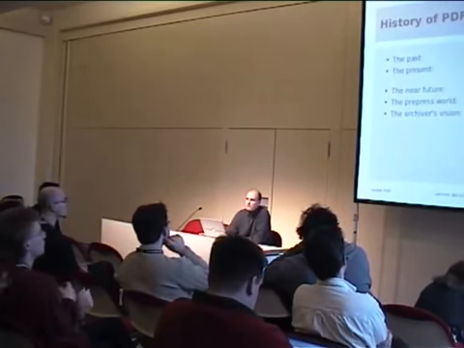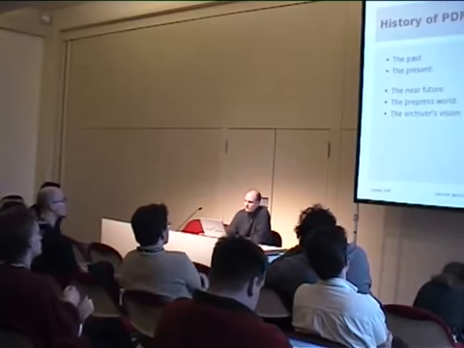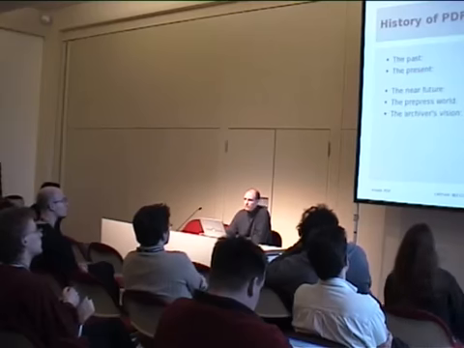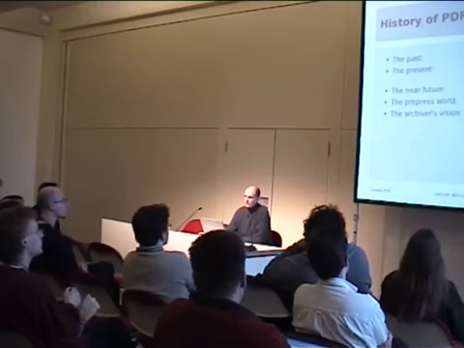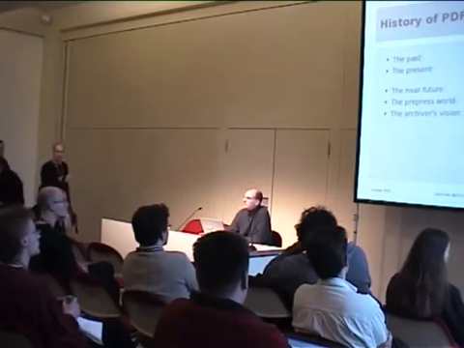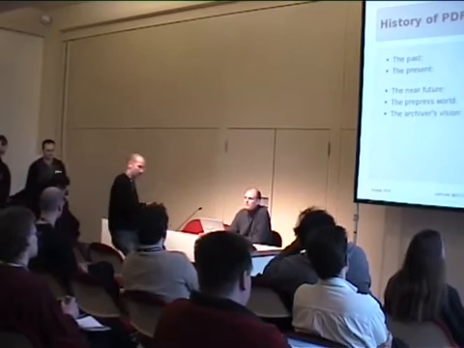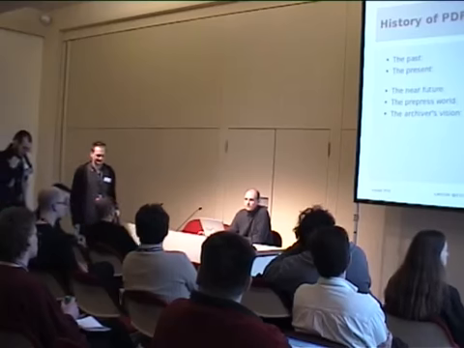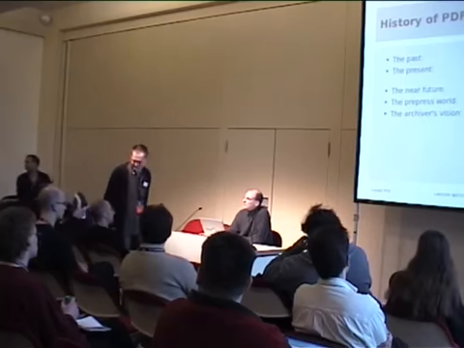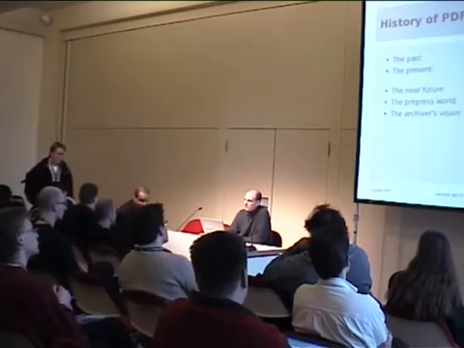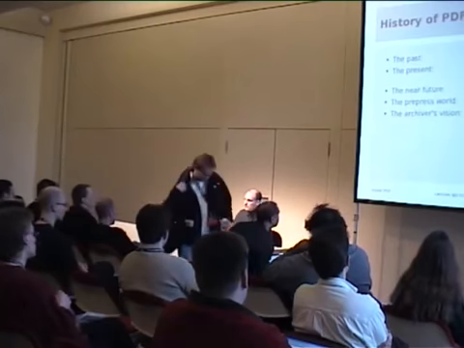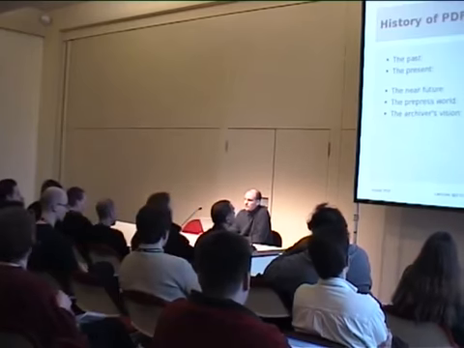Well, the past is PDF 1.0 to 1.4. These version numbers of PDF correspond to the specification of the file format. The corresponding reference implementation, if you wish, Adobe Acrobat, is usually the minor number plus 1.